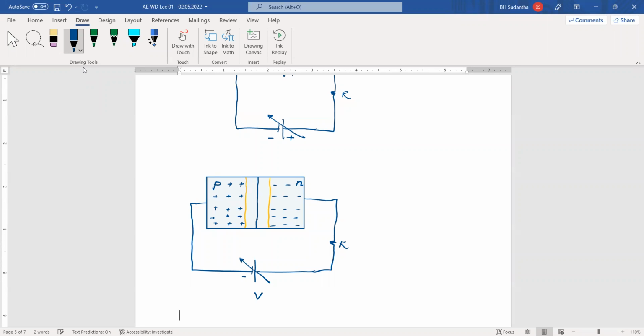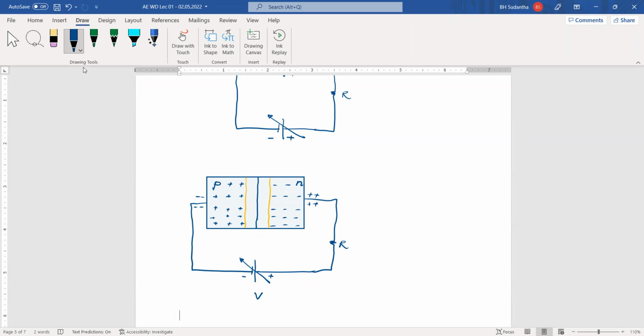This is the negative side, this is the positive side. Because of the negative side, negative charges will be there, and here we have positive charges. Because these negative charges are at the positive terminal of the PN junction, this negative-positive attraction is here.